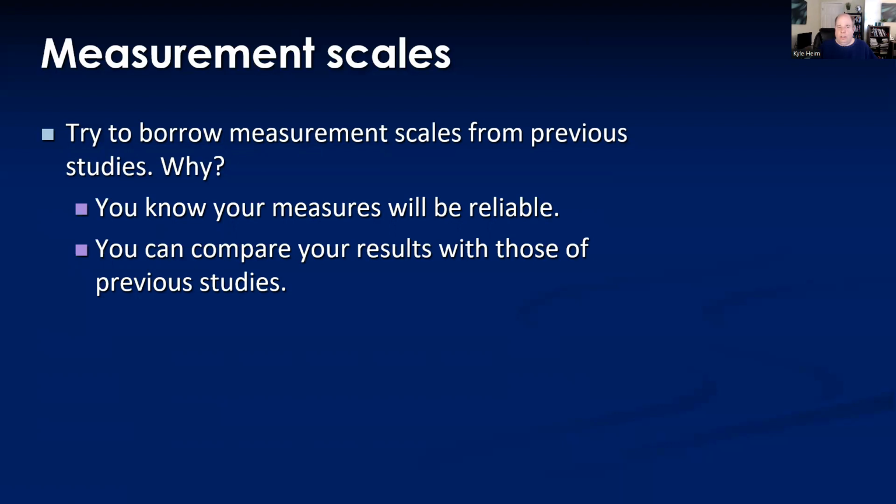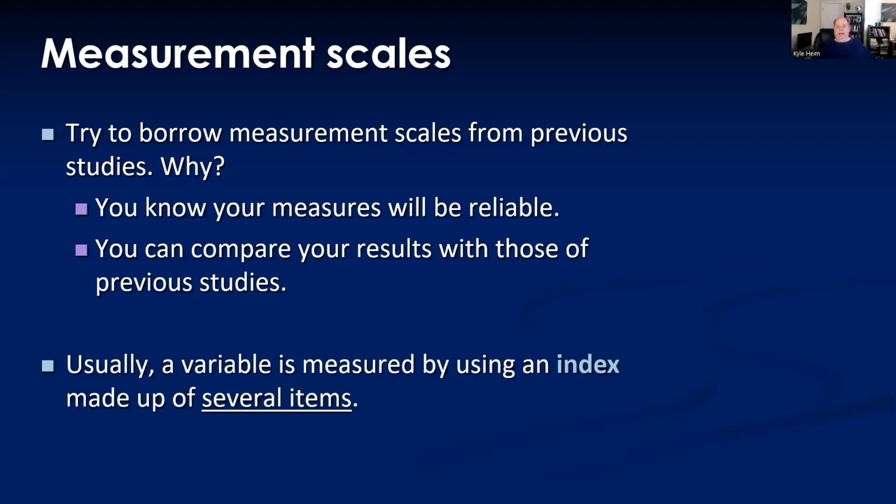Also, it means that you can easily compare your results with results of the previous studies because you both measured things the same way. If you measure stuff differently, it's going to be hard to compare your results with the previous studies because it's kind of like comparing apples and oranges.